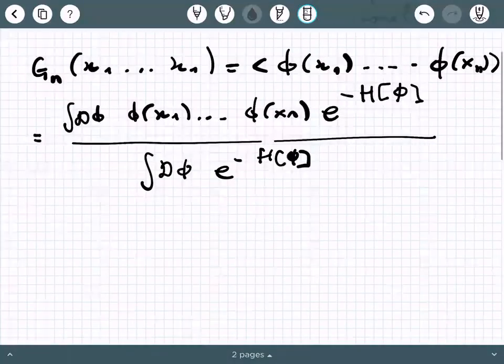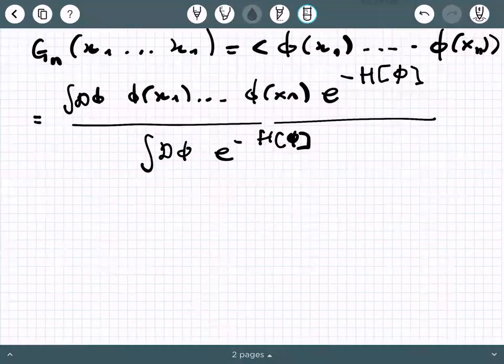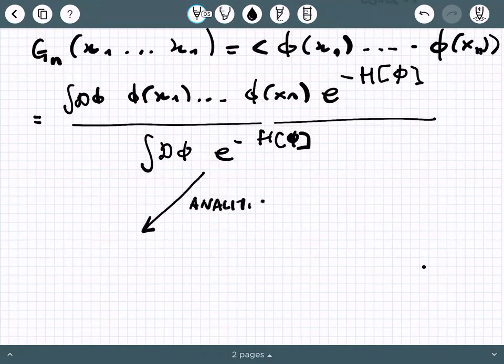And in general, I would say there are two avenues you can take in order to compute endpoint correlation functions. One avenue is analytic plus approximations.